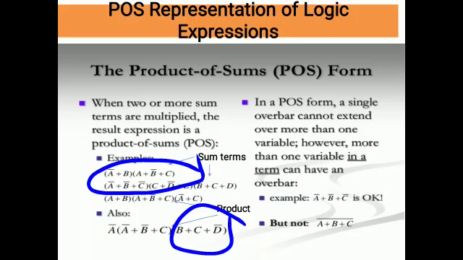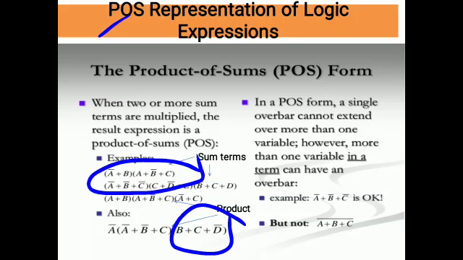These are called sum terms, as each variable is ORed with the others, and these variables may be in complemented or uncomplemented form. These sum terms are ANDed with each other, so the name comes as product. We are taking the product of these sum terms.